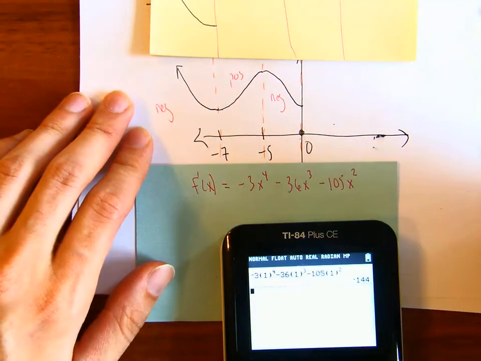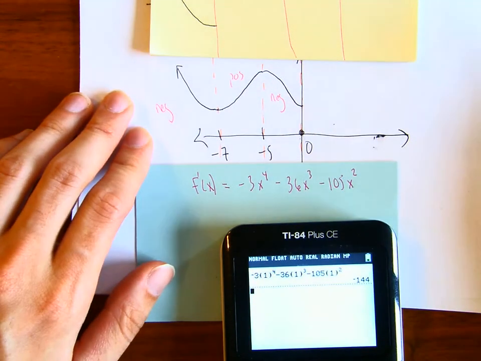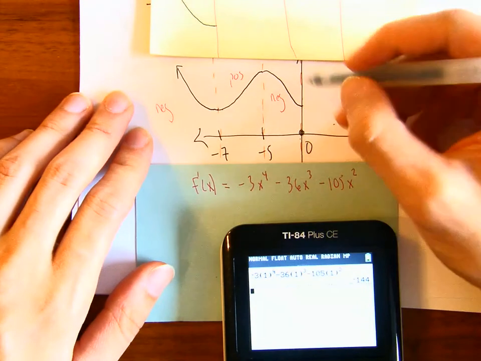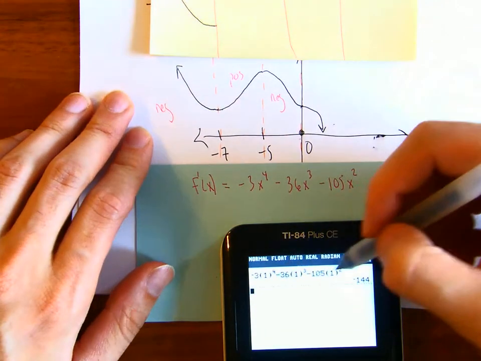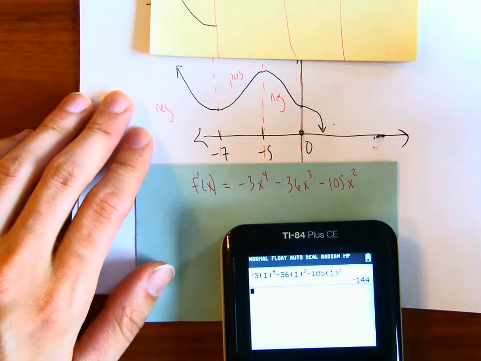And notice that this is negative as well. So here this goes down like this. And did I plug everything right? Yeah, I did. Okay, so this is negative.